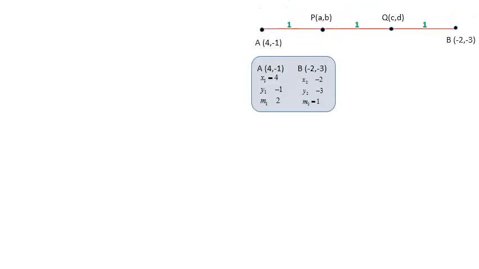Next we shall calculate the coordinates of point Q. By observation we can come to the conclusion that the point Q divides AB in the ratio 2:1. Whenever the point Q comes onto the line AB, it becomes two pieces, AQ and QB. When you look at the length of AQ, we have two parts, 2 units, 1 unit and 1 unit.